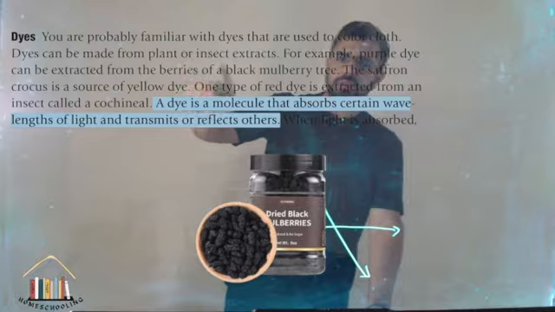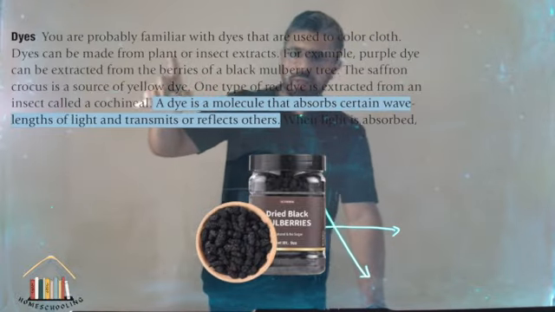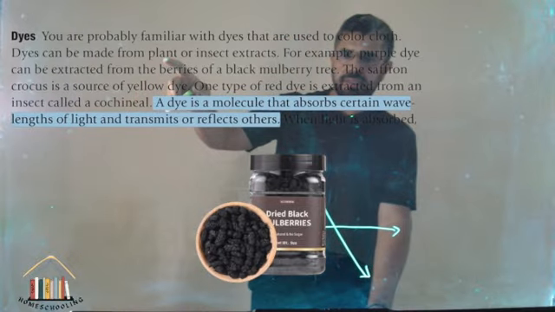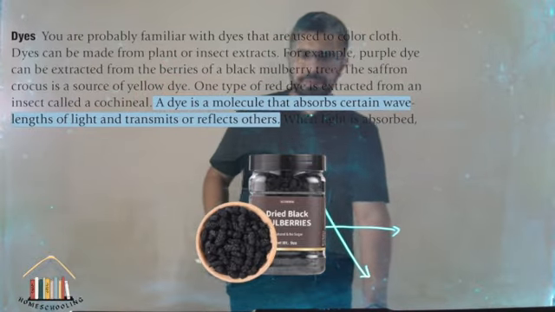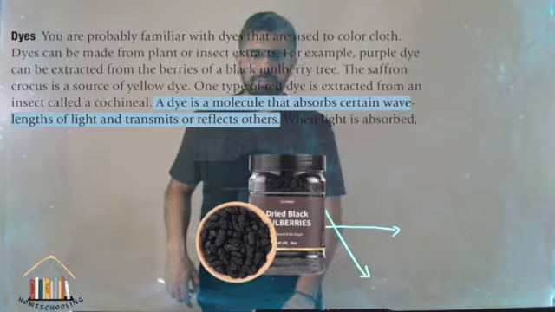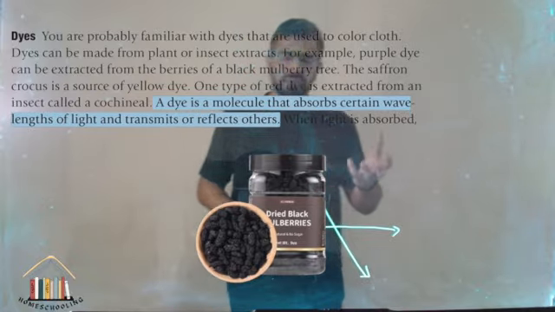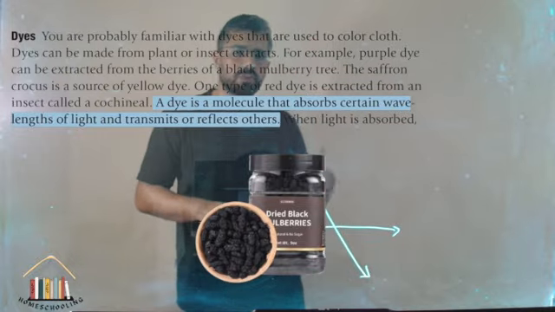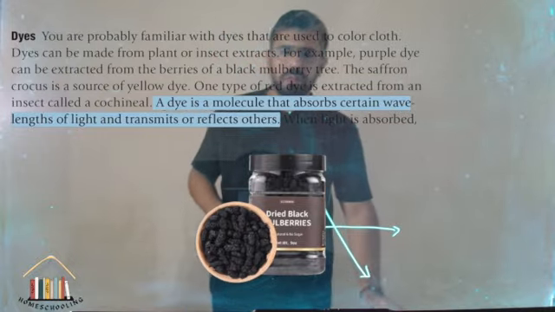From plants or insect extracts. We have multiple examples in nature where a fruit or a vegetable is used to dye or to put color to clothes.